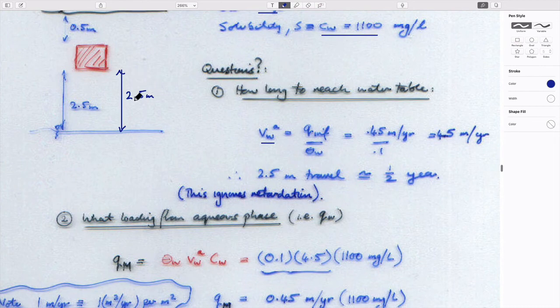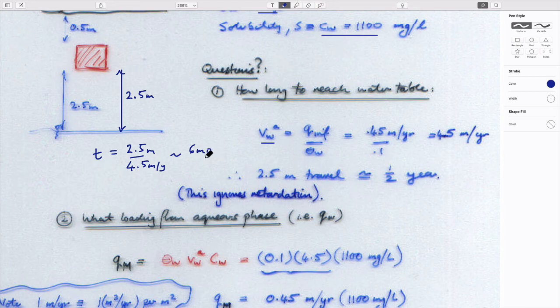If it has to travel 2.5 meters, the time is just going to be equal to 2.5 divided by 4.5 meters a year, which is about 6 months, which is where the previous number came from. We know that it may be retarded. And so this assumes that this is conservative in this particular case.